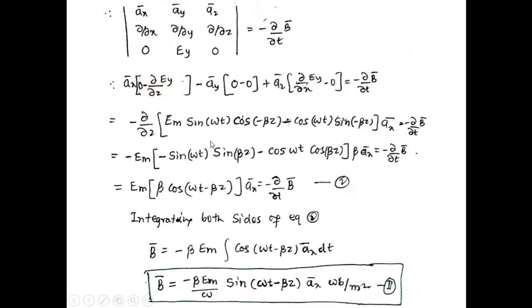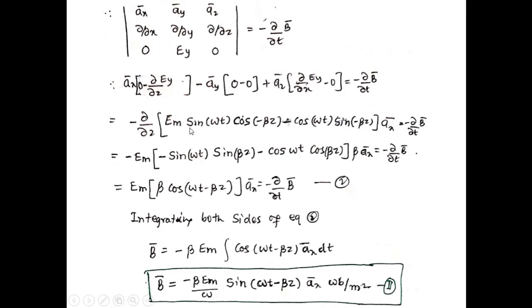Therefore, if you differentiate this with respect to z, you will get minus, taking Em outside, sin omega t, and cos of minus beta z is cos beta z. So differentiation of cos beta z is minus sin beta z, minus cos omega t, and sin of minus beta z is minus sin beta z, and differentiation of sin beta z is cos beta z, into which you have to multiply beta, take outside, Ax bar is equal to minus dou by dou t B bar.